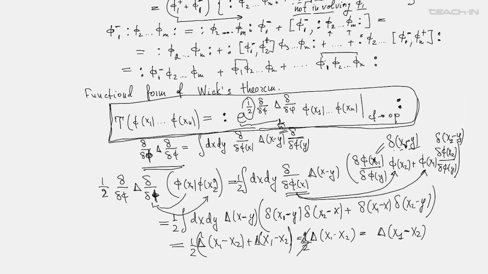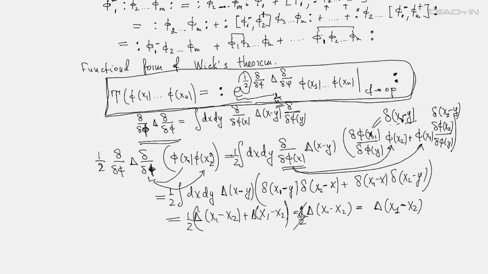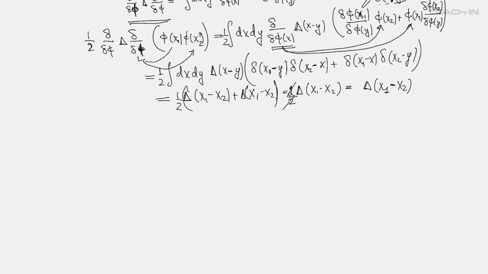I'll show you now how it works in practical computations by computing, for instance, the following quantity. You need to compute the T-ordered product of fields which are already partially normal ordered. Say, for instance, phi on x to the power m, and phi on y to the power n, like this.